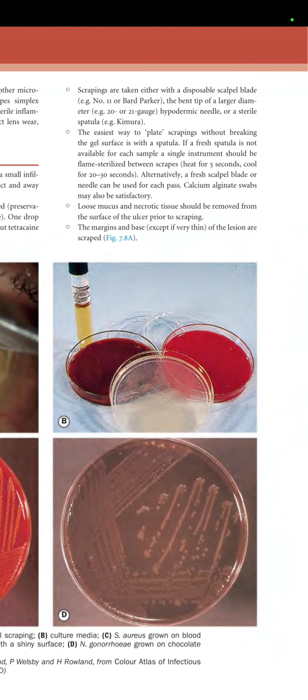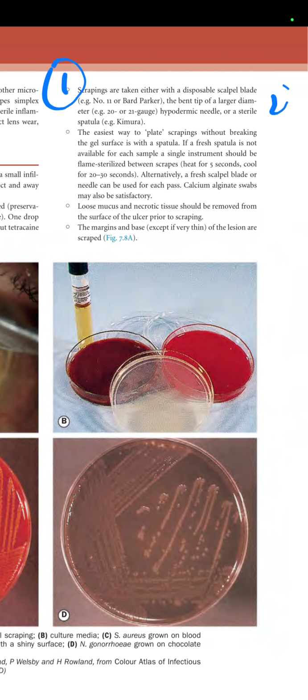Then what do we do? Scrapings are taken either with a disposable number 11 scalpel blade, or a Bard-Parker blade, or the bent tip of a large diameter 20 or 21 gauge hypodermic needle, or a sterile spatula. So there are 3 things you can use to take the sample. One, the blade.